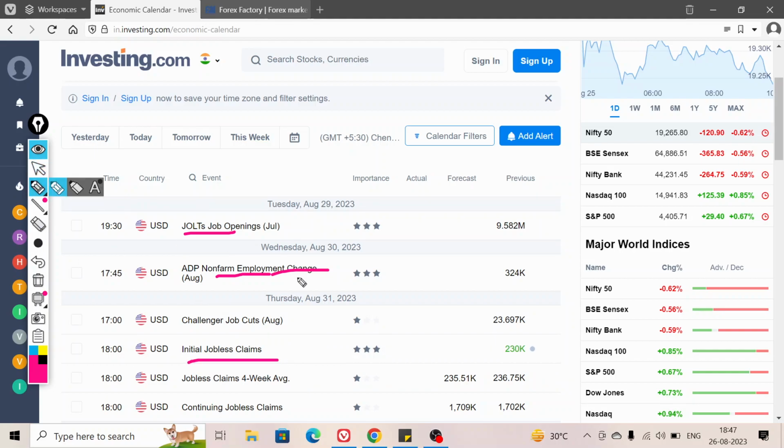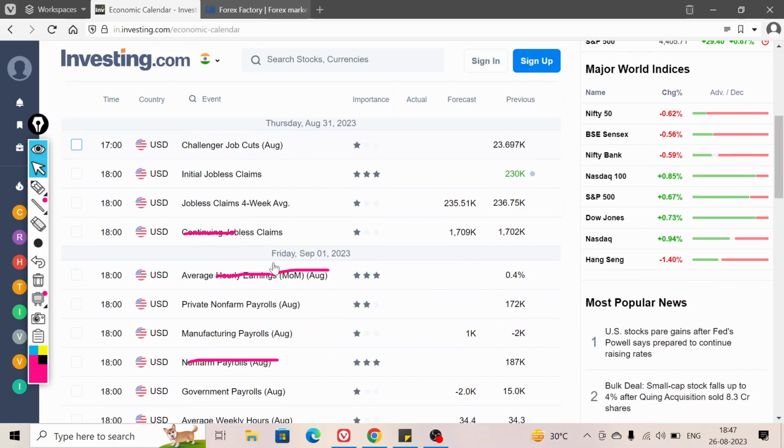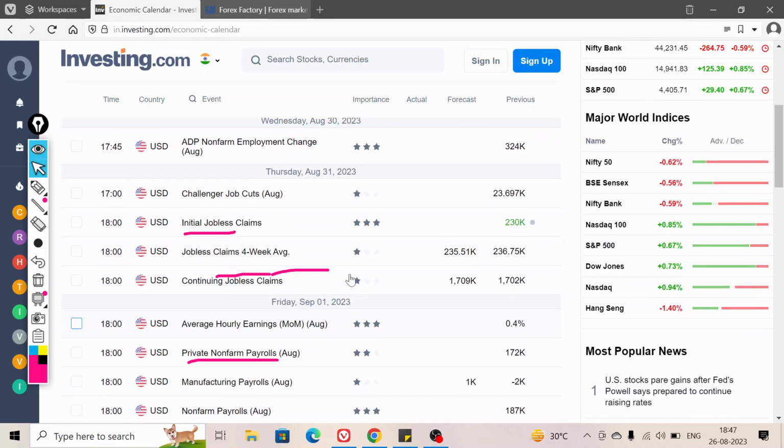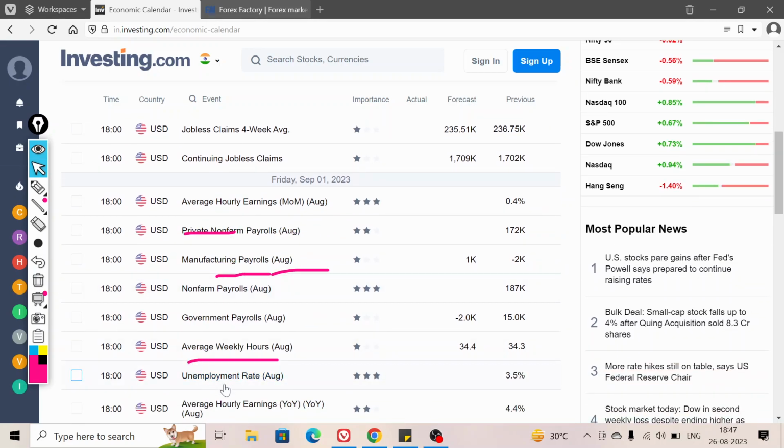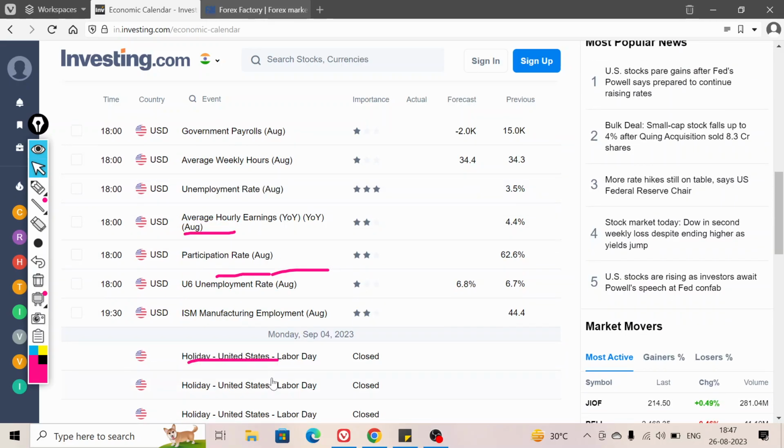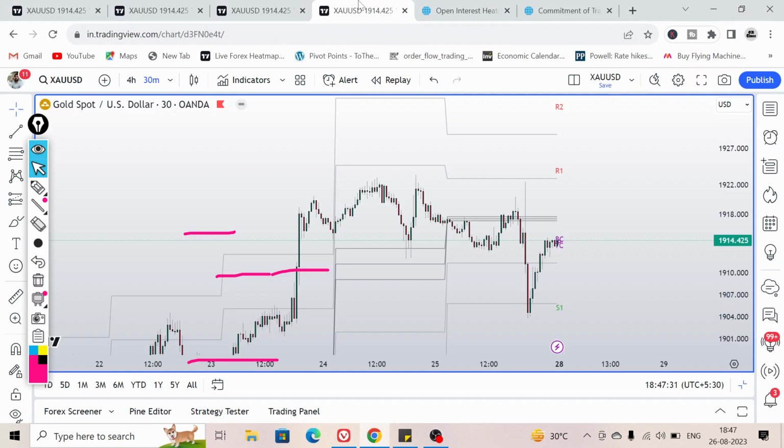These are the important data that can move the market. And average hourly earnings also on 1st September. Non-farm payroll is a big data, and the unemployment rate is also a big data. So next week we have to watch carefully how the price is going to react to the data. Along with the price action, we have to watch how the price is reacting to the data.